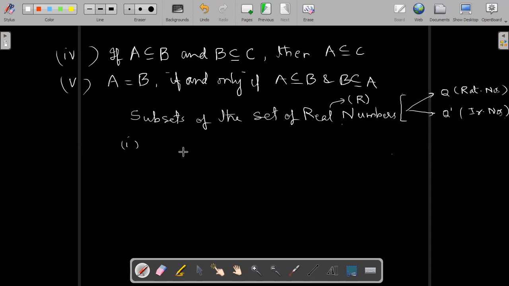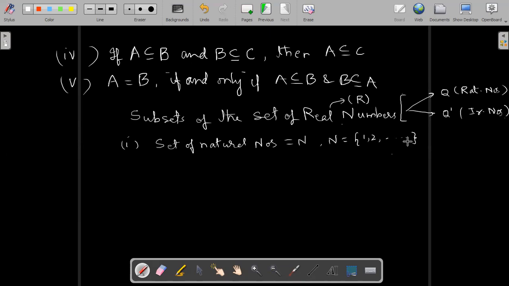The set of natural numbers is denoted by capital N. So I am writing here capital N, where N is the set of natural numbers, starting from 1, 2, and so on. In tabular form you can write like this.